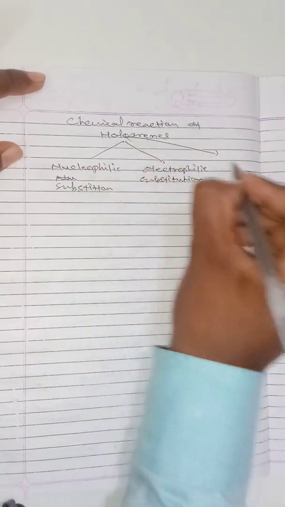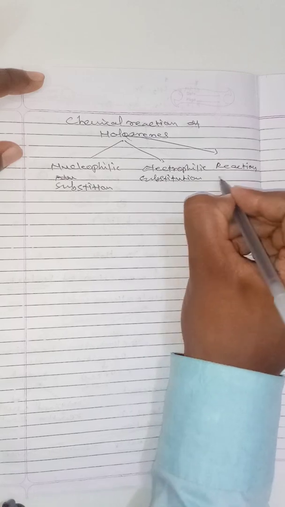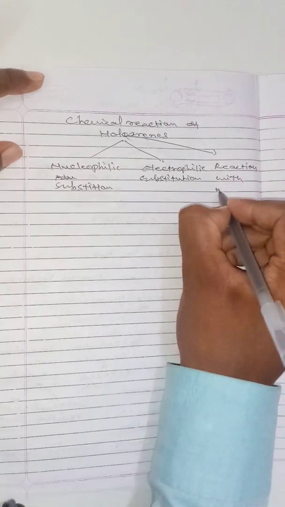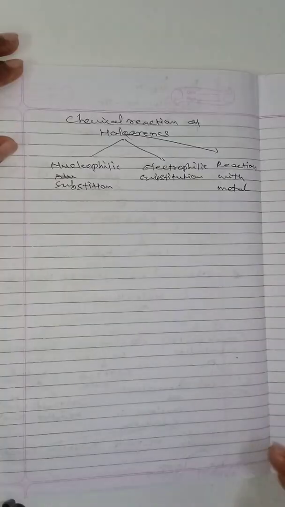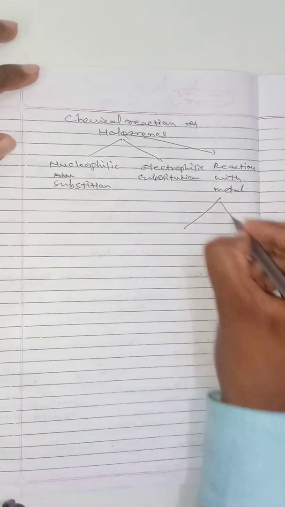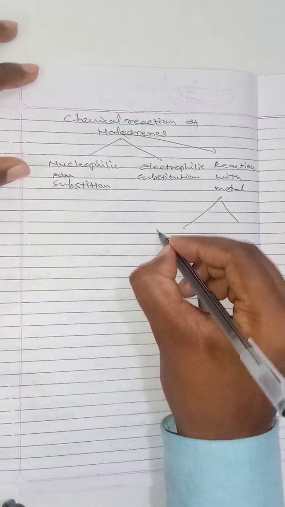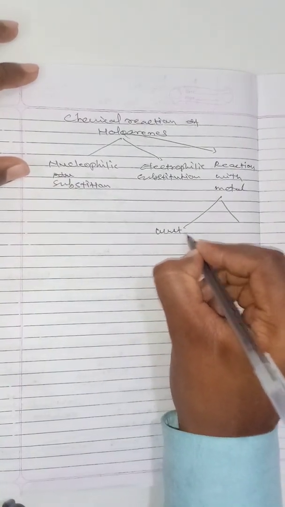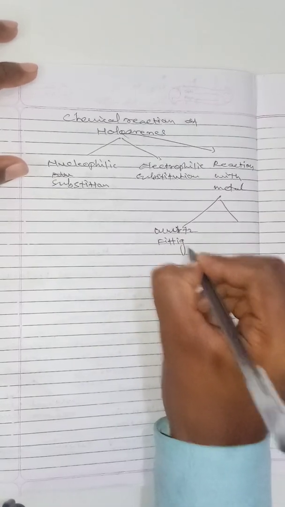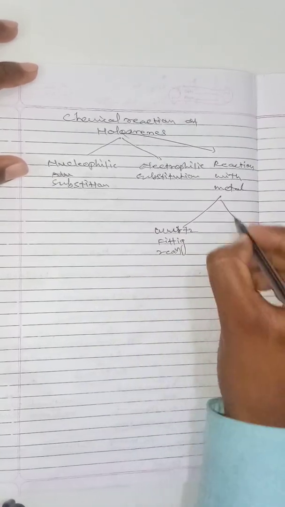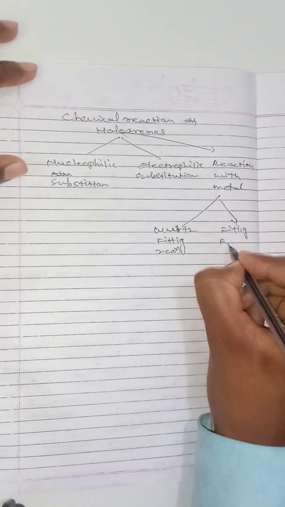And number three, reaction with metal. Here two reactions are very important. Number one, Wurtz-Fittig reaction, and number two, Fittig reaction.